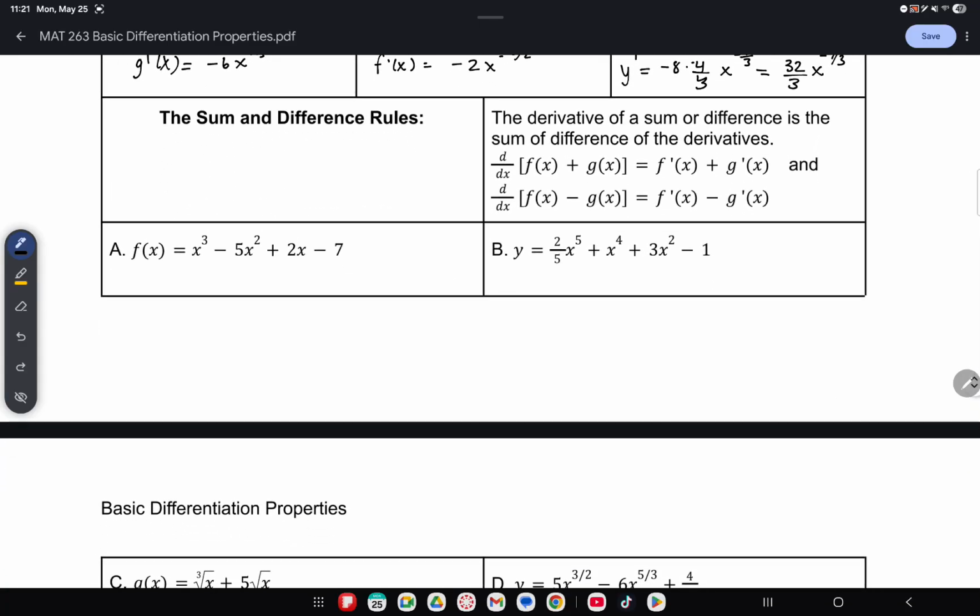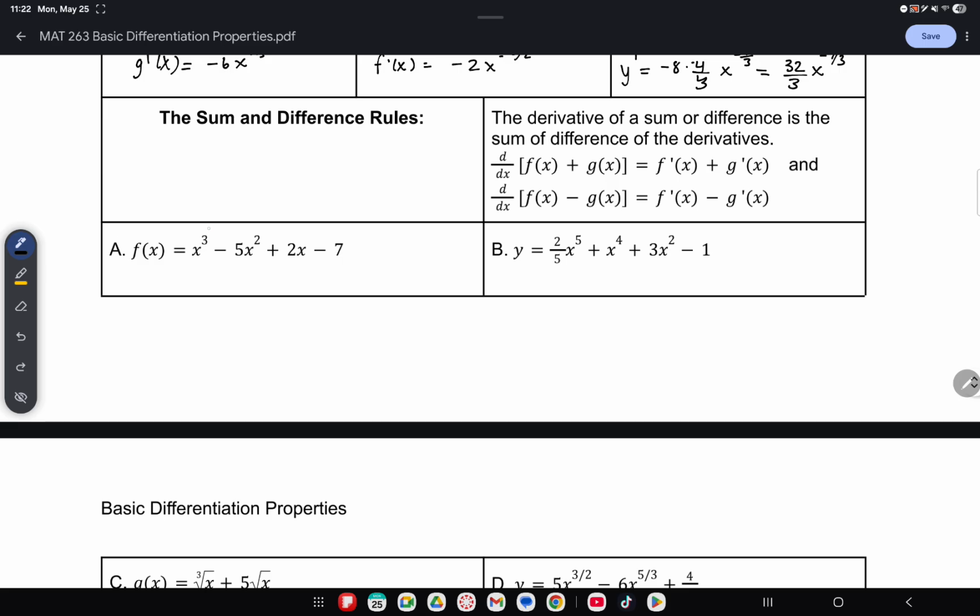All right, another thing we can do is this sum and difference rule here. So if we have different pieces of functions, whether they're added or subtracted, because so far we've had just a one-term situation. So this is if we have multiple terms. So each term can be considered a different function. And if we are adding or subtracting them, we can just take the derivatives and then add or subtract them based on what we have.